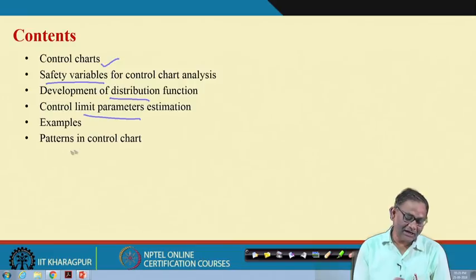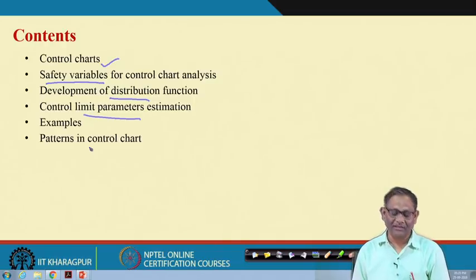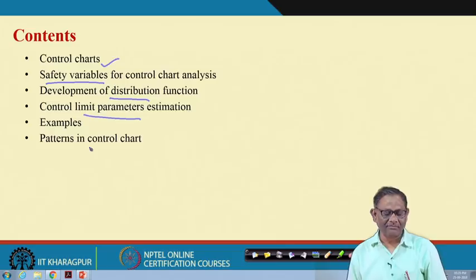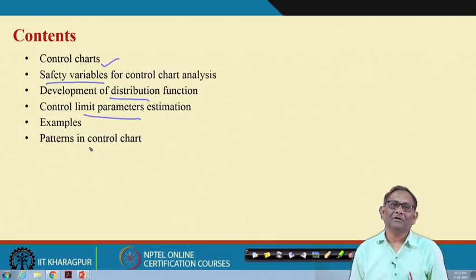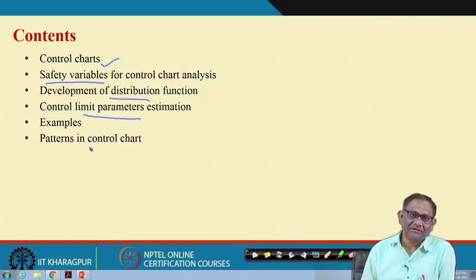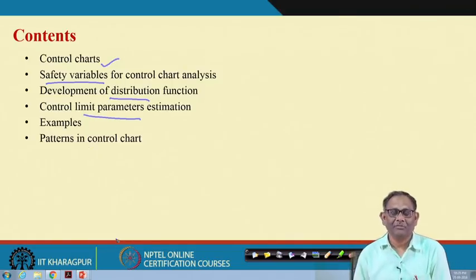Finally I will show you the different patterns which usually appear in the control chart. Most of them are applicable to quality related issues, but many of them are applicable to safety related problems, and maybe most or all of them may be applicable to safety related problems, but it all depends on how you encounter the situation if you have a particular kind of data.